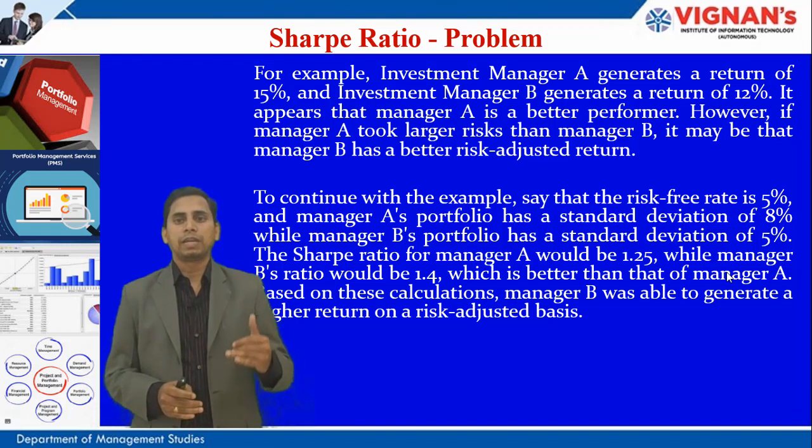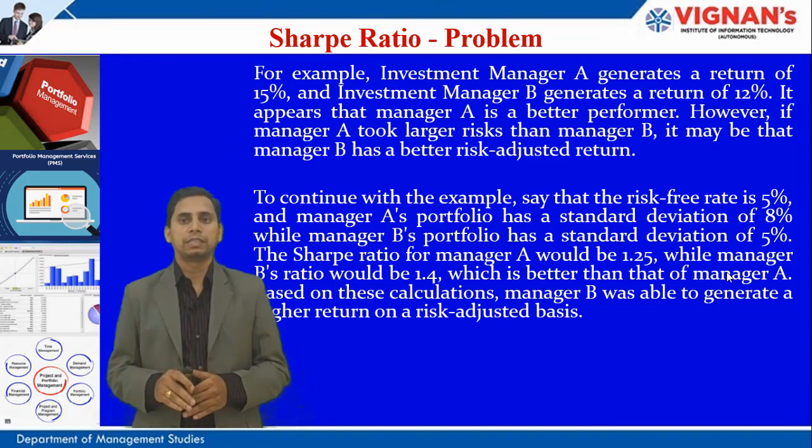If you calculate the Sharpe ratio for portfolio manager A, it is 1.25, whereas since the standard deviation of portfolio B is only 5%, the Sharpe ratio for portfolio B is 1.4.